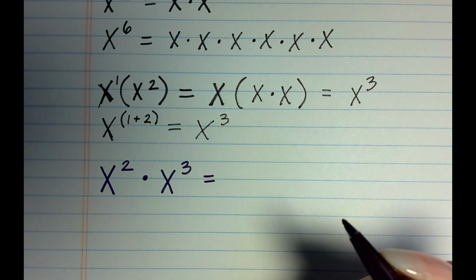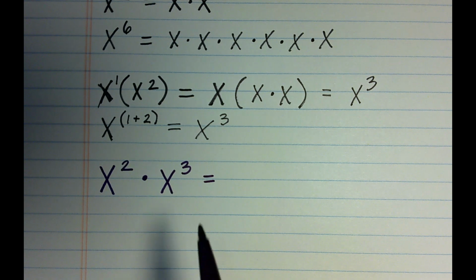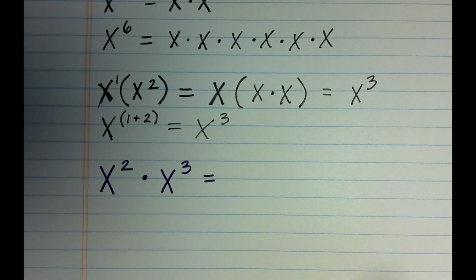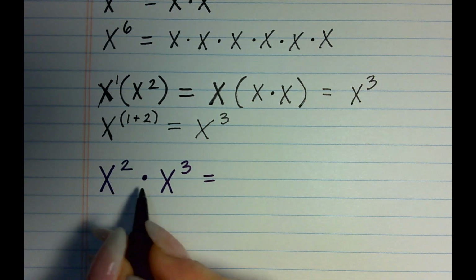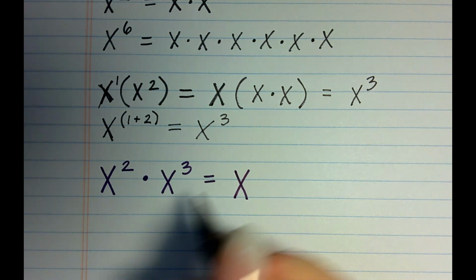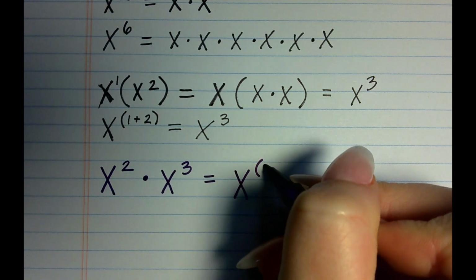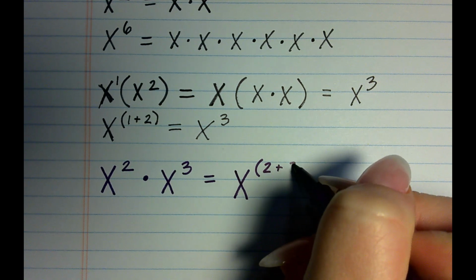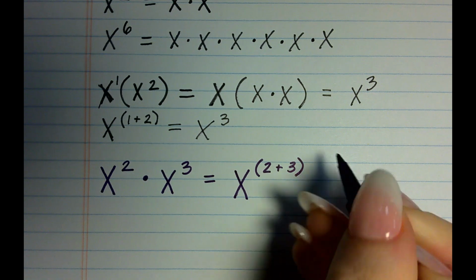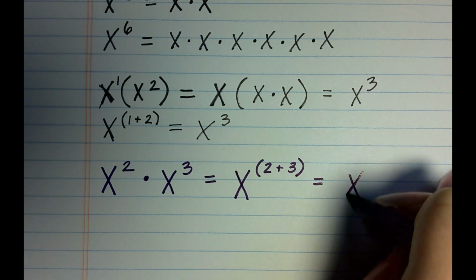X to the fifth power. How'd you know it was going to be x to the fifth power? Just add 2 plus 3. X to the second power times x to the third power is just like x to the 2 plus 3 power, which gives us x to the fifth.